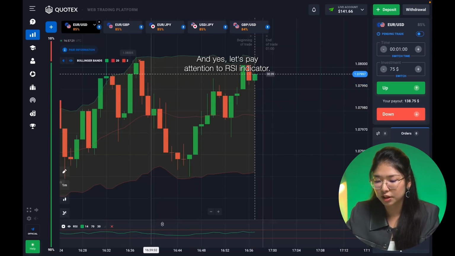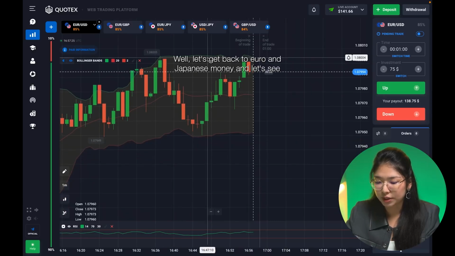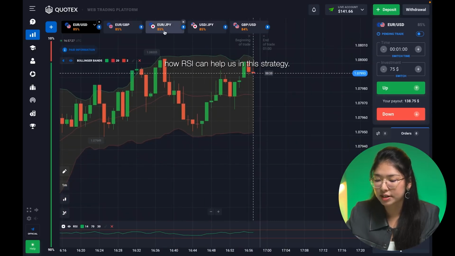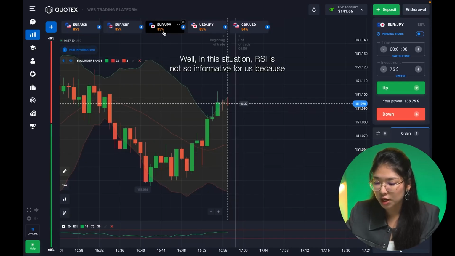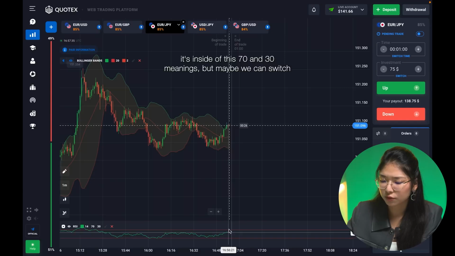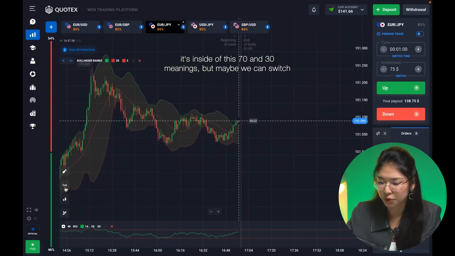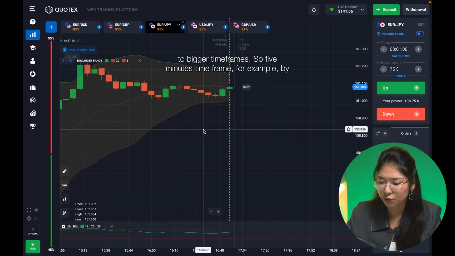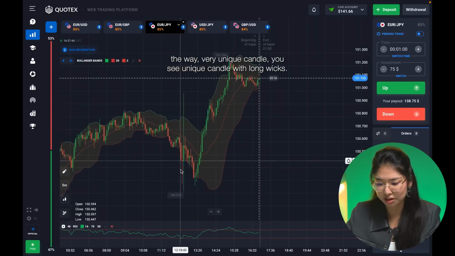And yes, let's pay attention to the RSI indicator. Let's get back to euro and Japanese yen and let's see how RSI can help us in this strategy. In this situation, RSI is not so informative for us because it's inside of these 30 minutes, but maybe we can switch to bigger time frames. So 5 minutes time frame, for example. By the way, very unique candle.